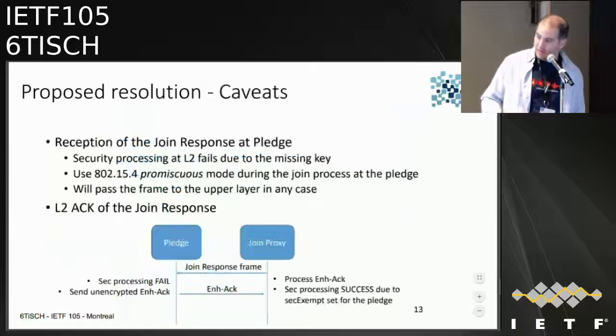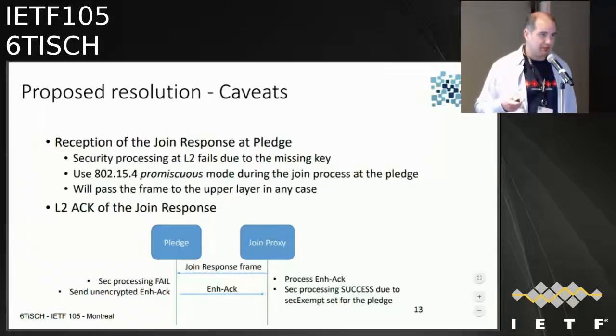But since this is a unicast frame, the pledge needs to send a layer 2 acknowledgement, which in TSCH is normally protected using the same level of security as the incoming frame. The problem is that there is not enough time to do the whole upper layer processing before sending that layer 2 acknowledgement.